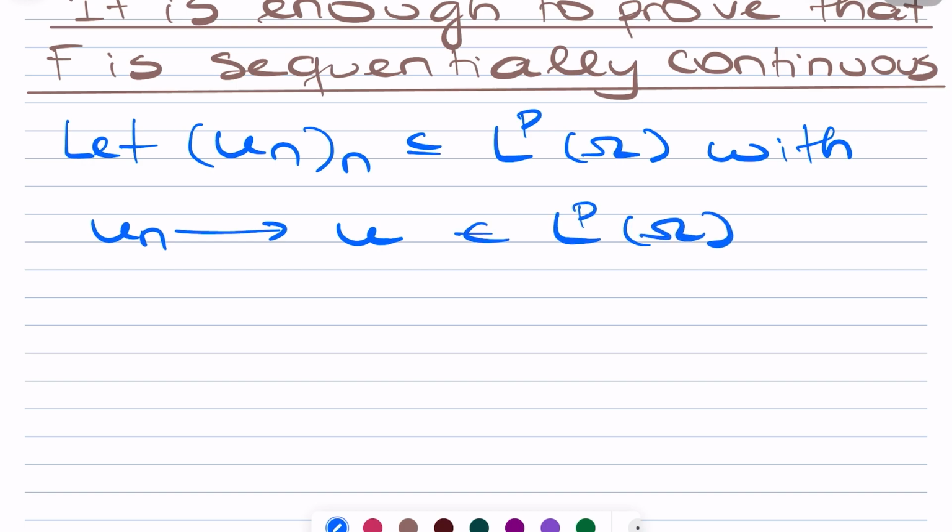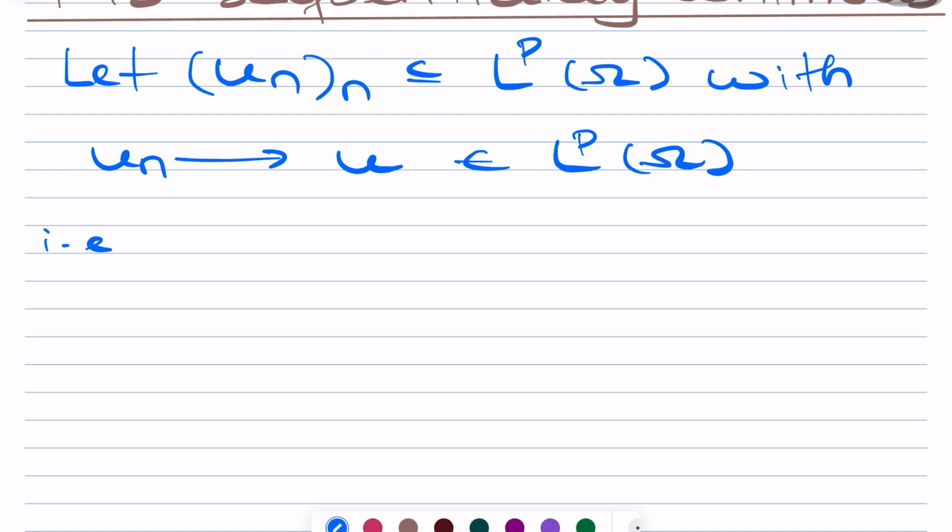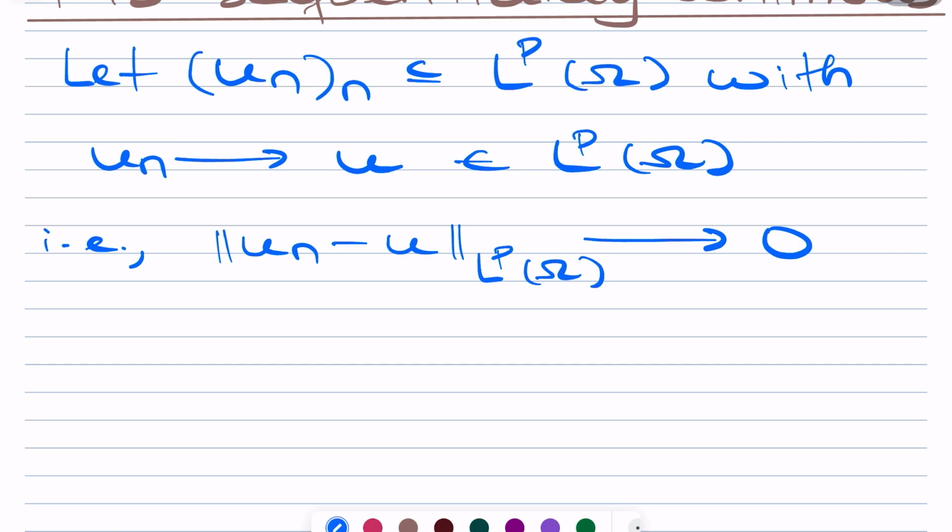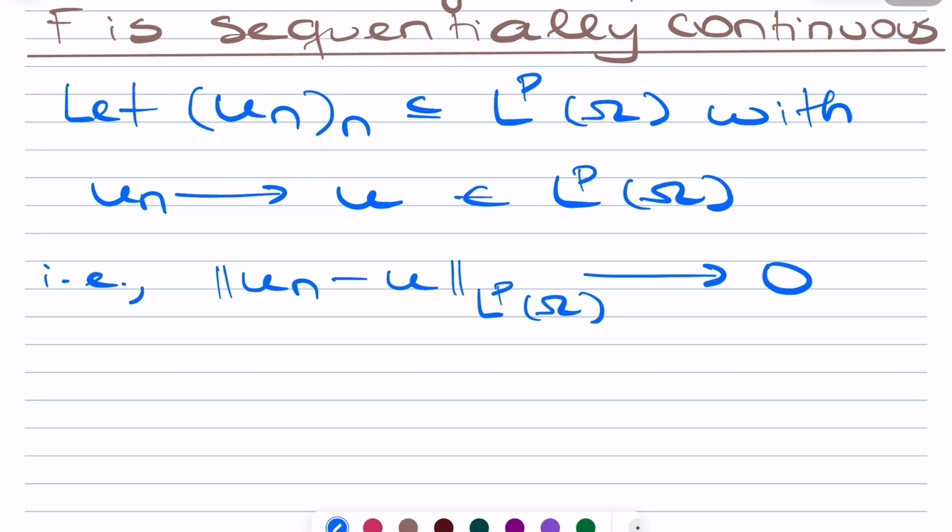Strong convergence here means that the norm difference goes to 0. Okay, good. So our goal is to show that the function value f of un converges to f of u. So that would be sequential continuity.